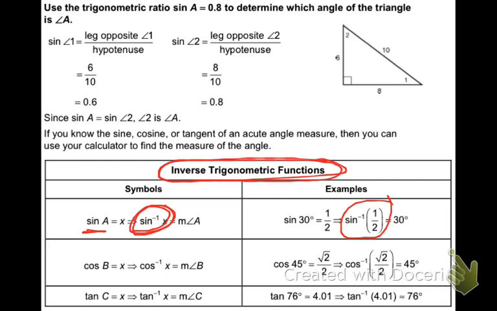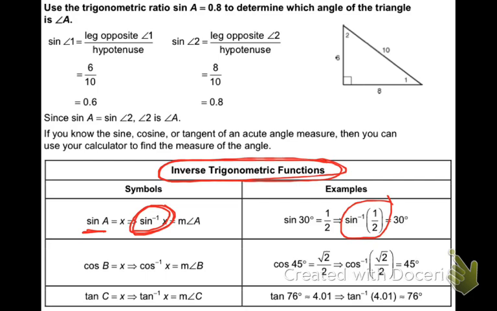Hopefully if you did the sine inverse of 0.5 or 1/2, you would get 30 degrees. You did 1/3; you want 1/2. Sine inverse, you've got to hit the second button. 0.5 or 1/2, sine inverse. There you go.